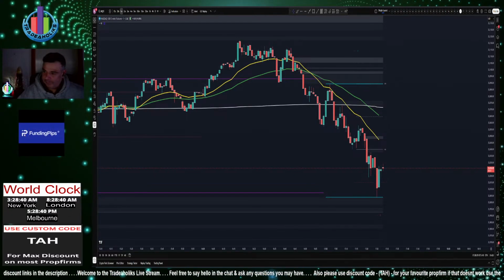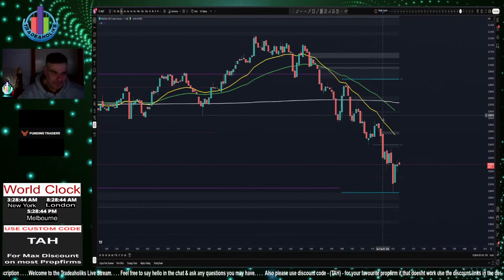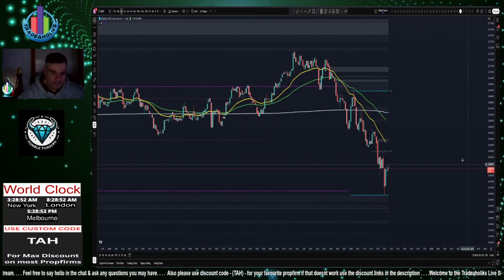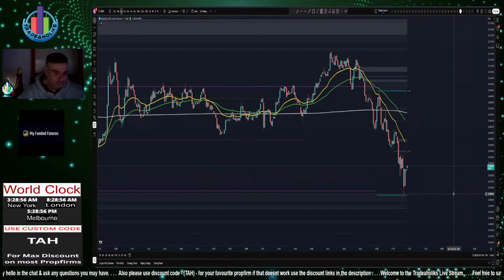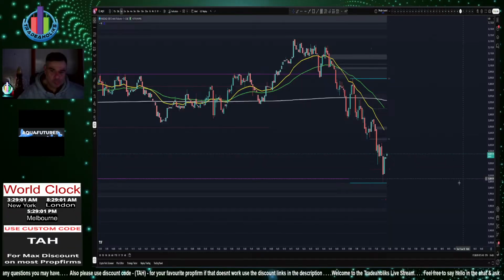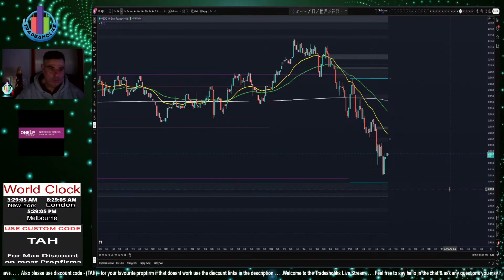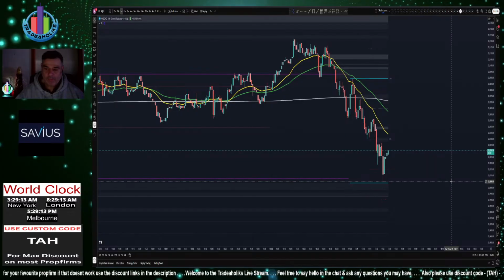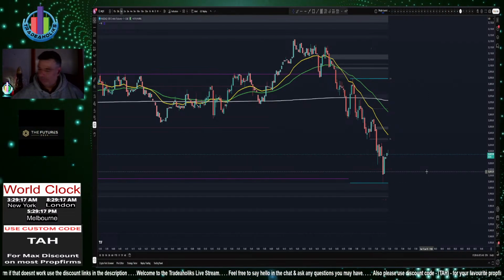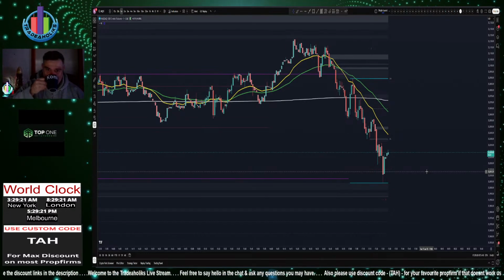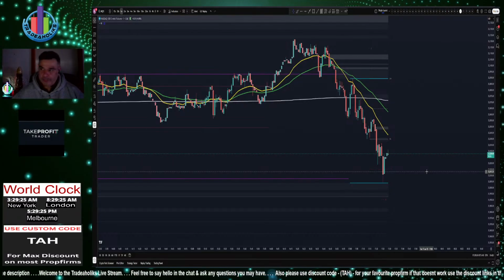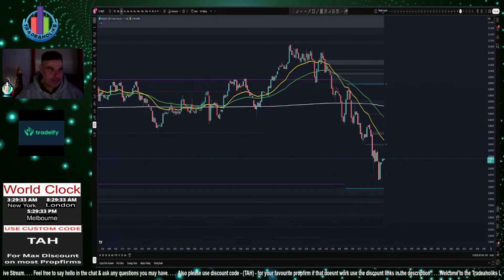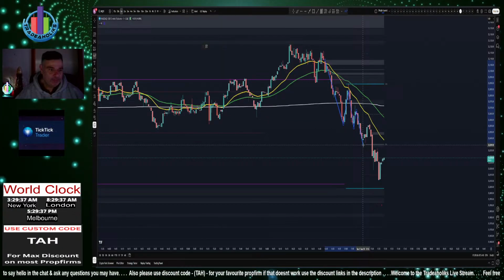Could push further down here. 20s now. Really decent market structure to that step.